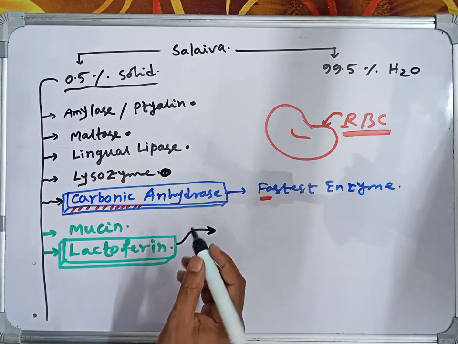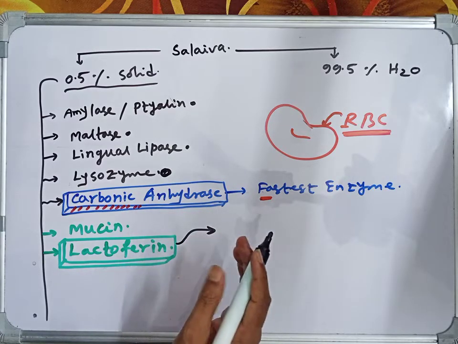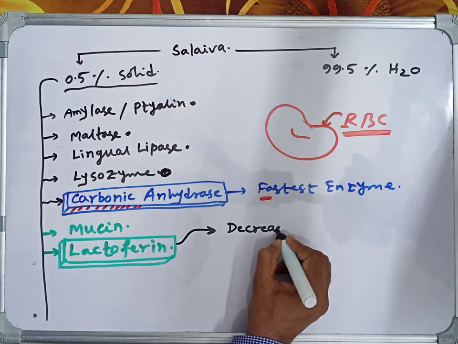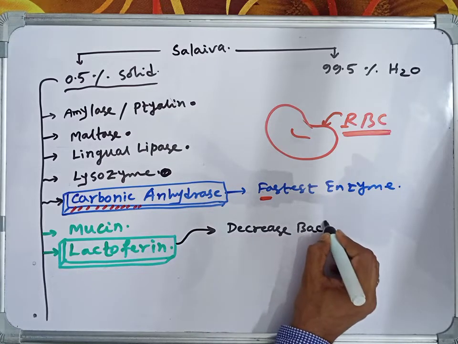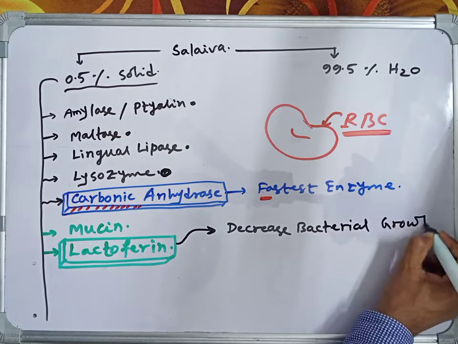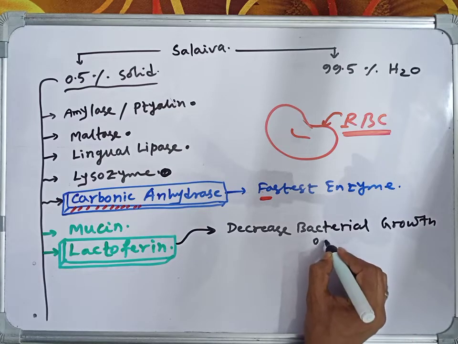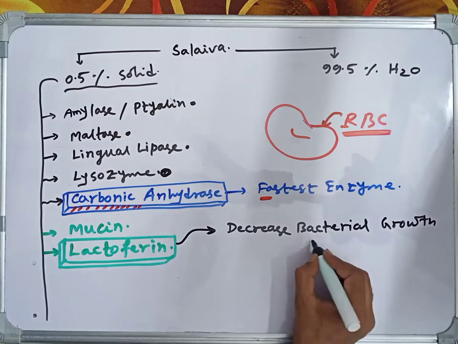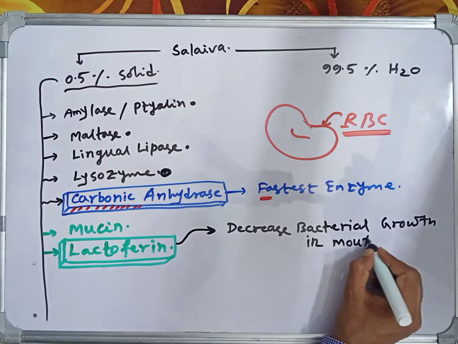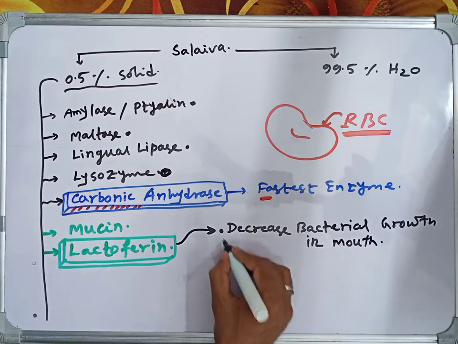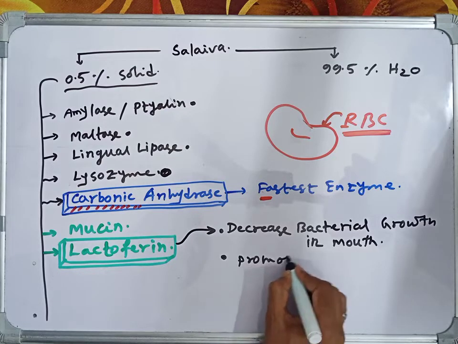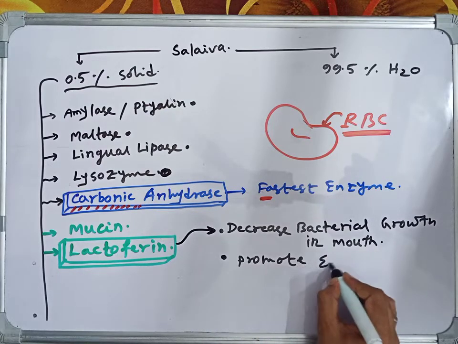Lactoferrin is responsible for decreased bacterial growth in the mouth, and it also promotes enamel formation.